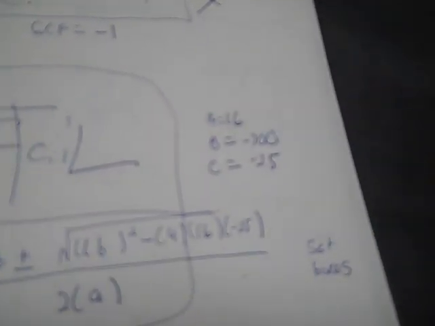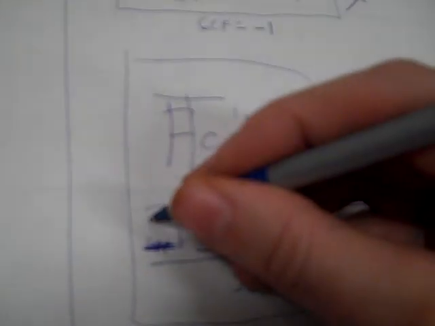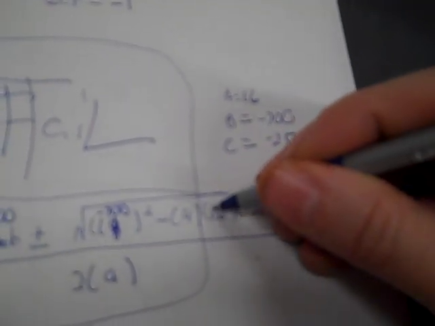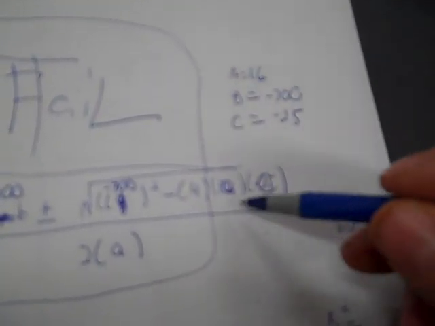So now I start putting them in. Opposite of B, we switch that to positive 700. The B is -700 here, -700. Then 4, and then, whoops, I forgot AC. Sorry, put an A and a C there, okay? I jumped the gun, I want A and C there.